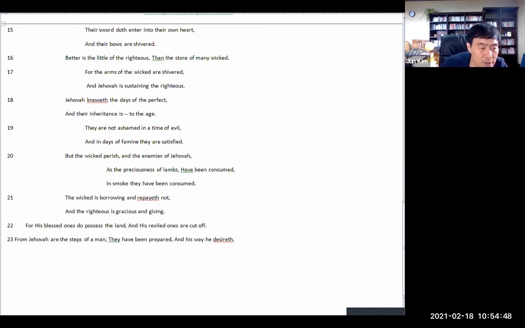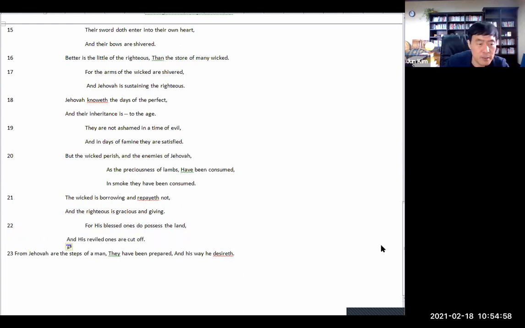For his blessed ones possess the land, so it should be subordinate because of "for". And his cursed ones are cut off. Here: from Jehovah are the steps of a man, they have been prepared, and his way he desires. So how are we going to put this one then?